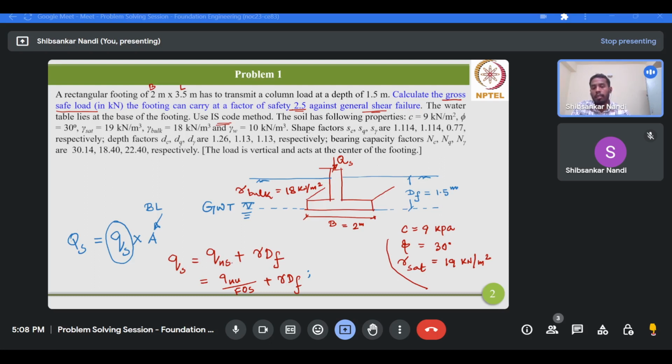To determine the net safe bearing capacity, first we have to calculate the net ultimate bearing capacity, and divide it by the recommended factor of safety, here 2.5. To calculate the net ultimate bearing capacity, you would calculate the ultimate bearing capacity first and deduct the net effective overburden existing at the foundation level. But as I mentioned earlier, the IS code recommends the net ultimate bearing capacity directly.